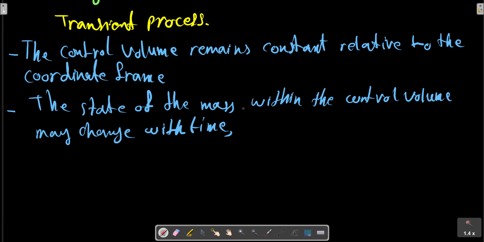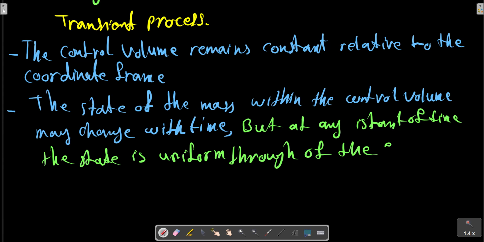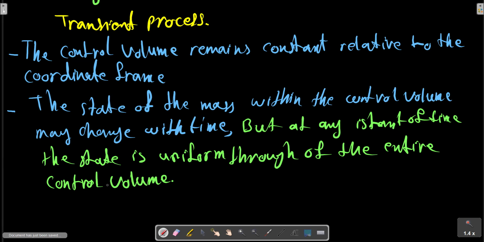But at any instant of time, the state is uniform throughout the entire control volume, or over several identified regions that make up the entire control volume.